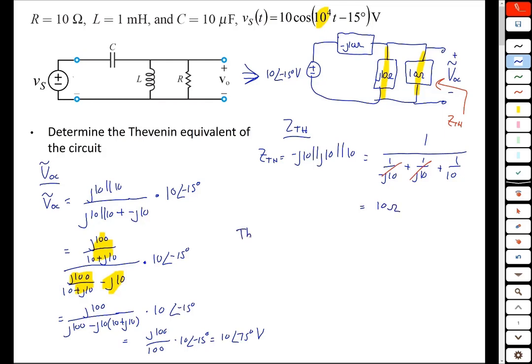So the Thevenin equivalent in the phasor domain is nothing more than the open circuit voltage, 10 at an angle of 75 degrees, and an impedance of 10 ohms. If you want to convert this back to the time domain, you can do that.